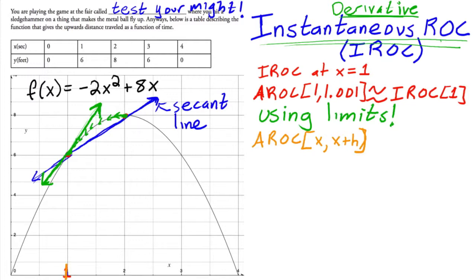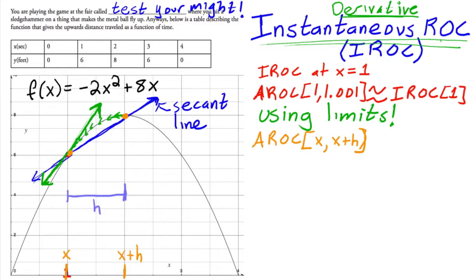Let's say this point right here is x, and this right here is x plus h. If those are x and x plus h, what's the distance between these two? Well, it would be h, right?